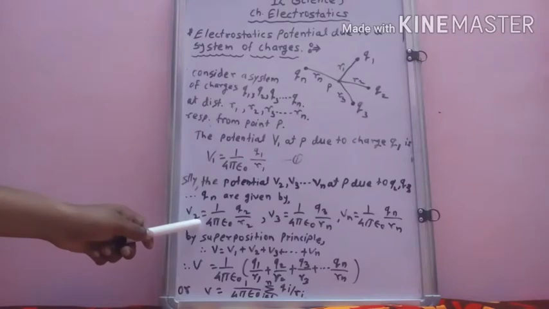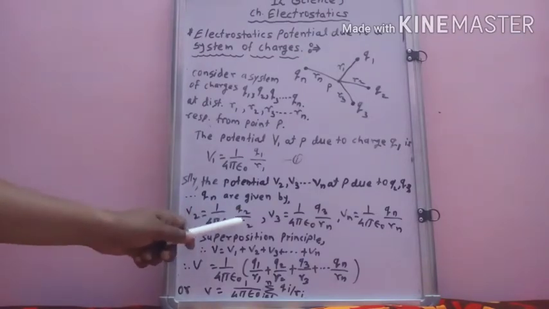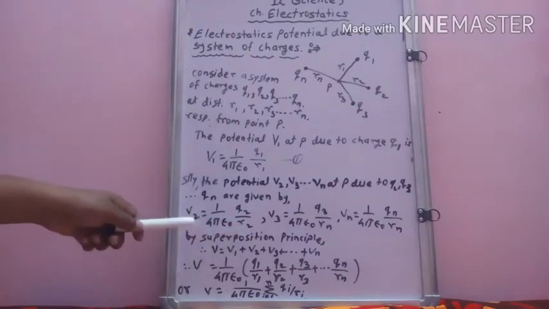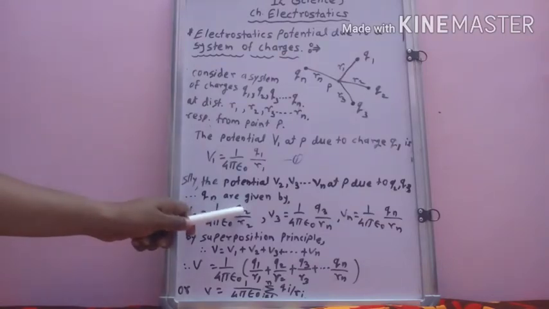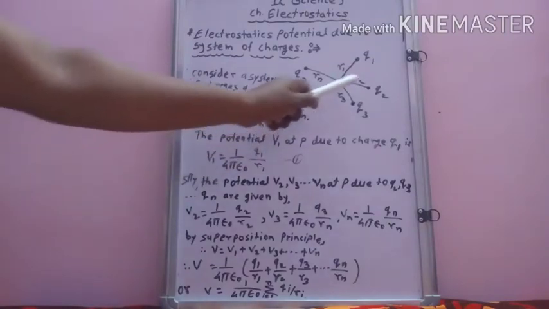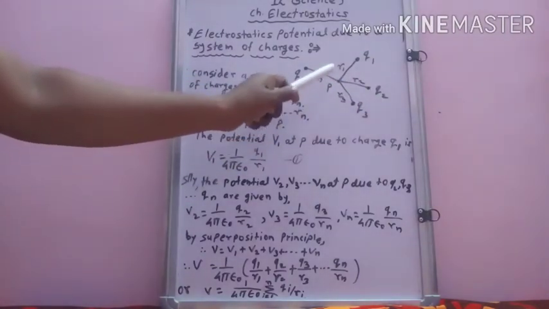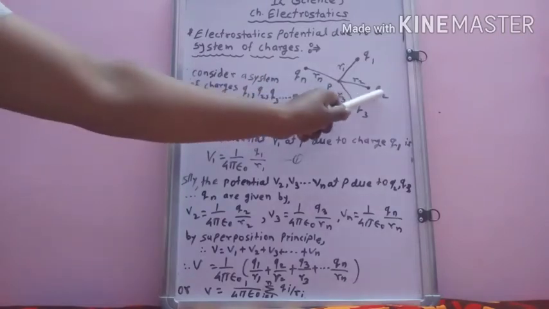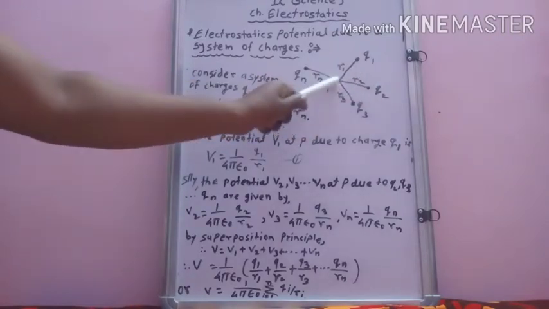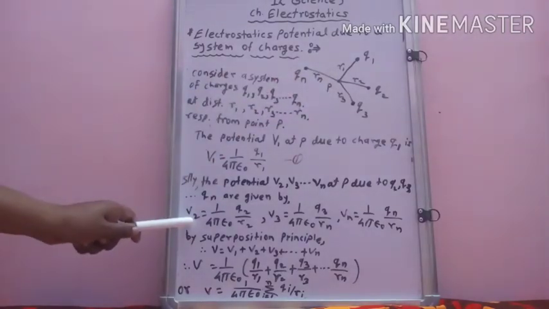Then V2 is equal to 1 upon 4 pi epsilon naught Q2 upon R2. V2 is the electrostatic potential due to charge Q2 at a point P.